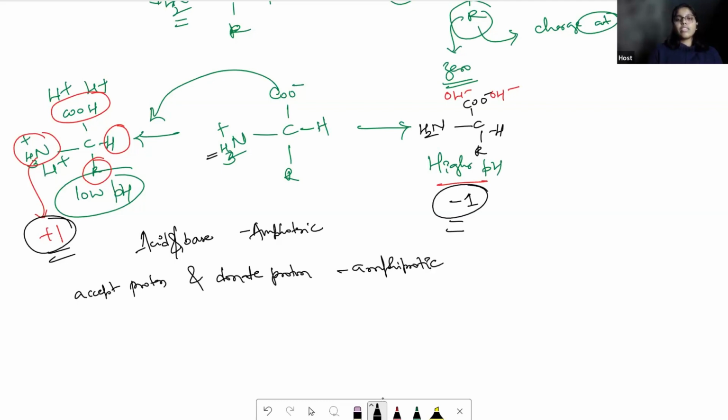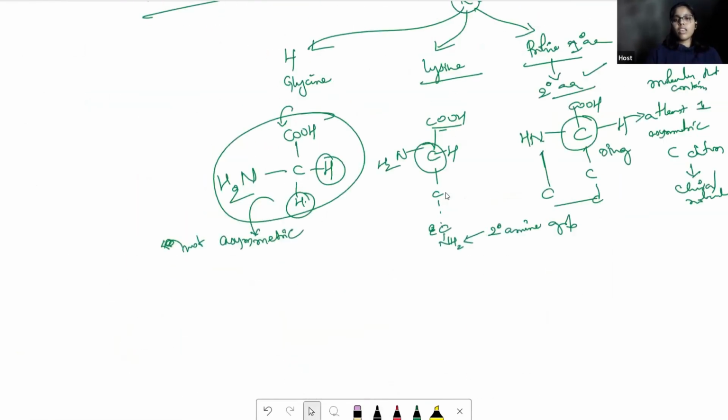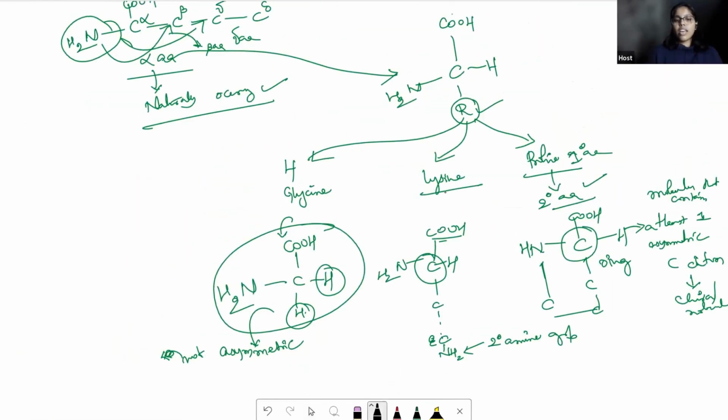So coming to the next important property, that is the optical property of the amino acids. As I have already told, this is not an asymmetric carbon atom. Here in glycine, you have 2 H attached to the carbon atom, and wherever you search, you don't get any carbon atom that is attached to 4 different groups. But in proline, you can see an asymmetric carbon atom.